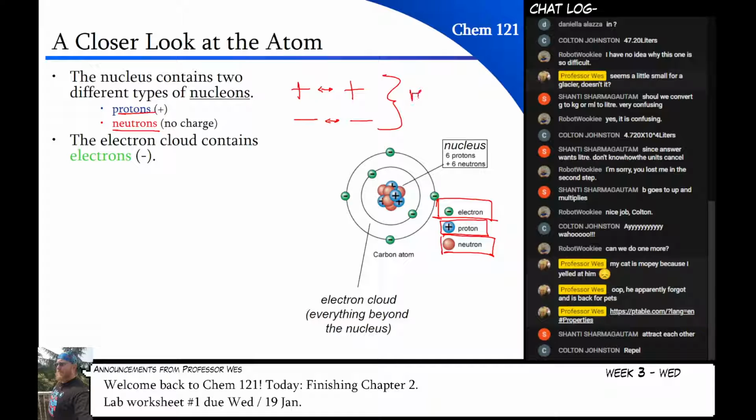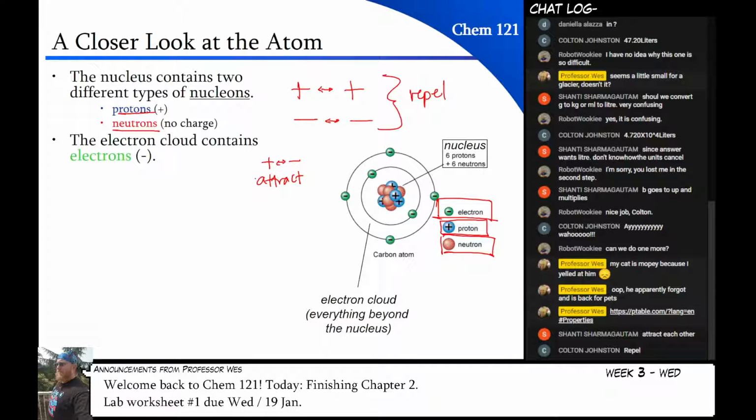They repel. Very good. So like charges repel one another. They would push apart. But opposite charges will attract to each other.